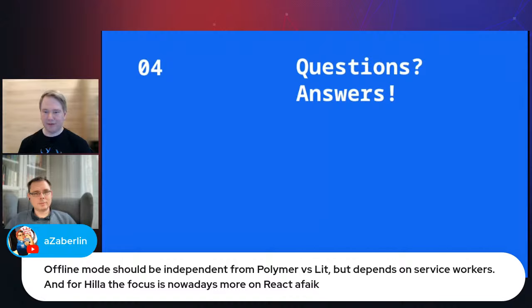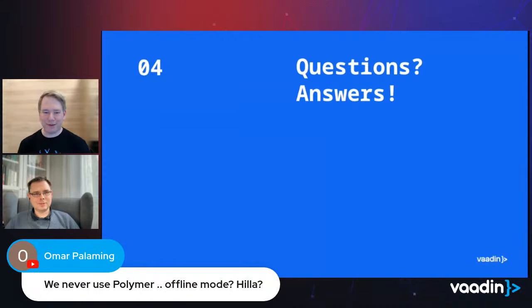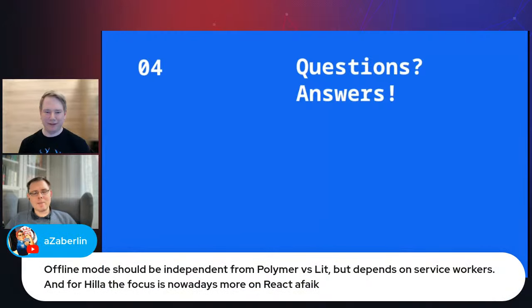Offline mode. Okay, this is an answer to a previous question, which was related to the Polymer versus Lit question. Offline mode, Hilla? Yes. Maybe elaborate a little bit. So with Vaadin Flow being very server based, if you're offline, it just doesn't work.